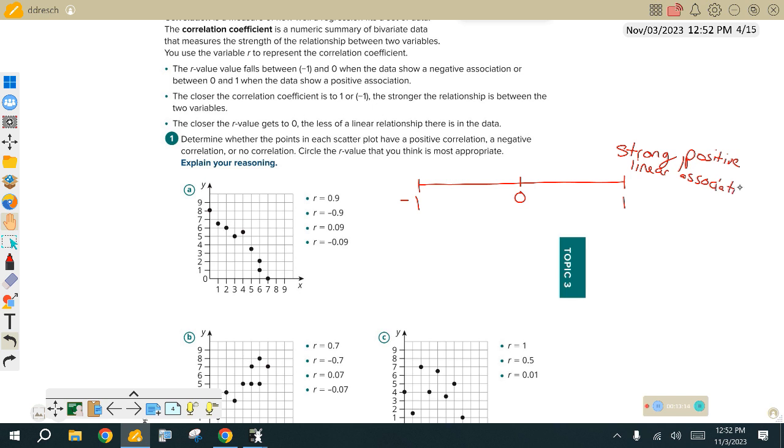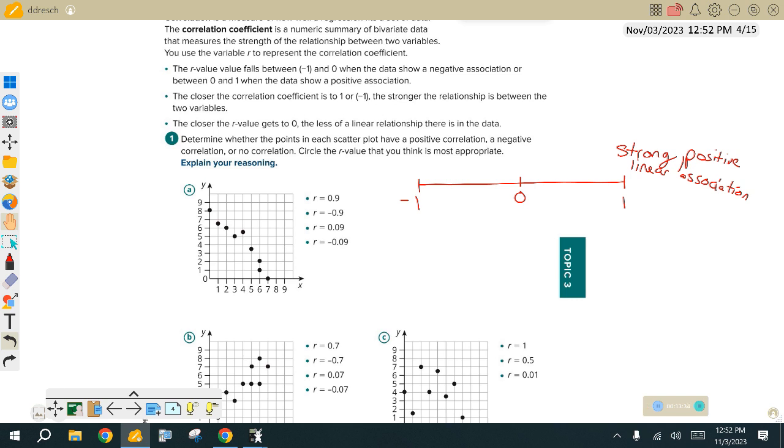Okay? So what that tells me is our data is looking pretty darn positive, increasing. It's linear looking. It's going up nice and neat. Okay, and we're going to do all this practice, but we got to kind of get out the vocabulary to start off with.